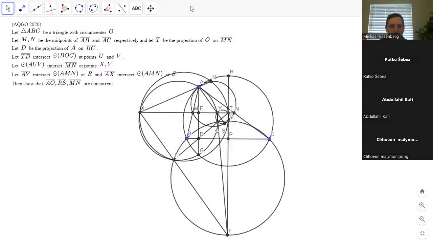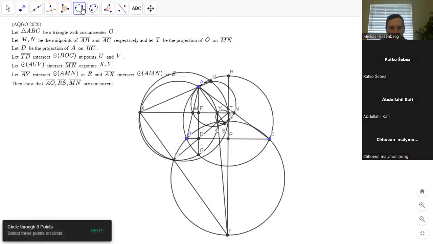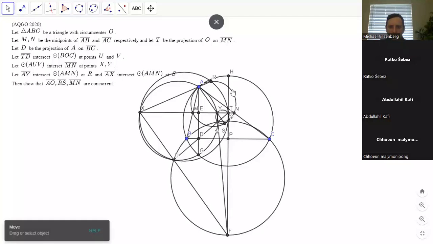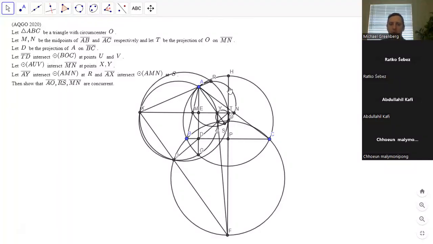So we want to prove AO, RS, and MN are concurrent. That is equivalent to having an involution at that circle AOMN, which swaps R and S, A and O, and M and N. Okay.